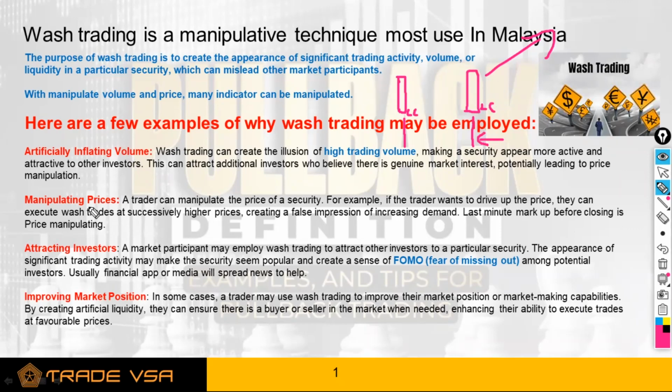Another one is that they try to manipulate the price. For example, the stock drops the whole day, then at the last minute or 5 minutes before the closing, it goes up again. In the day volume, you will see something like this.